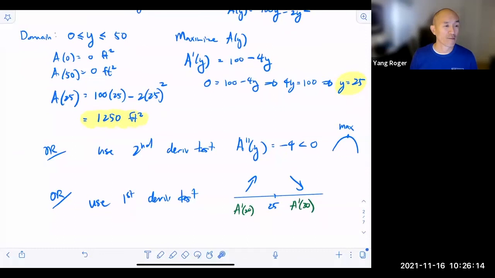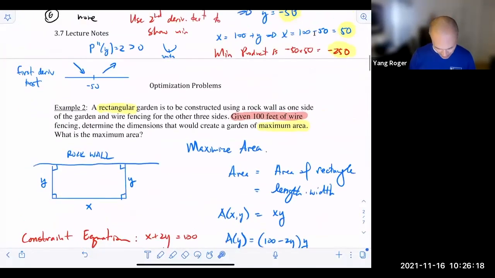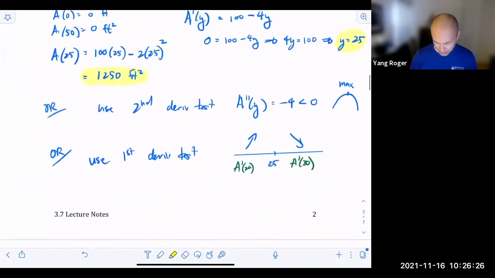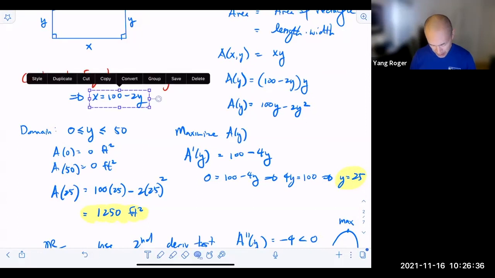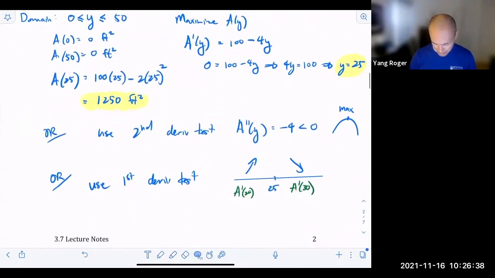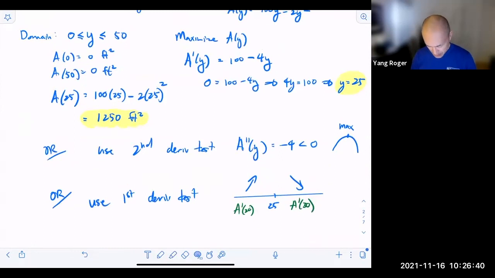I think I just have one more thing to do. I think they ask for the dimensions. So when it says calculate the dimensions, that means you've got to give them what the x value and the y value is. My equation for x comes from this constraint equation. So what I could do is copy this down, and maybe I'll put it right here.